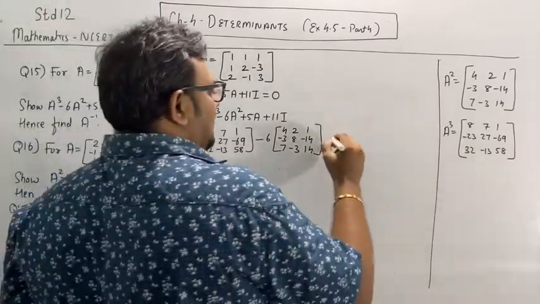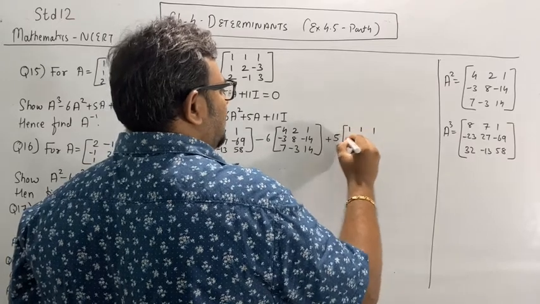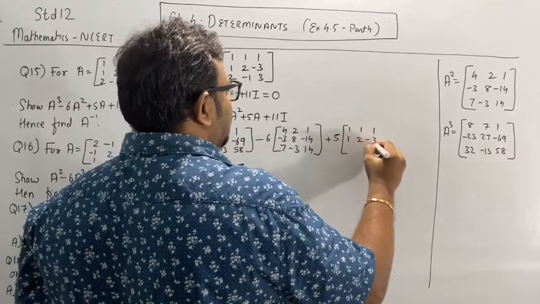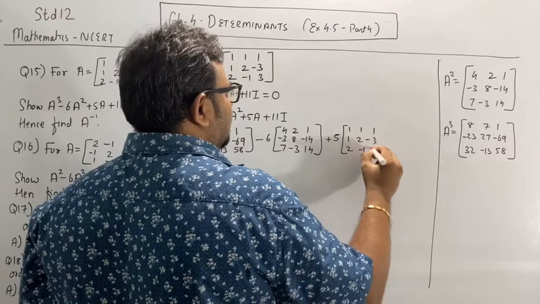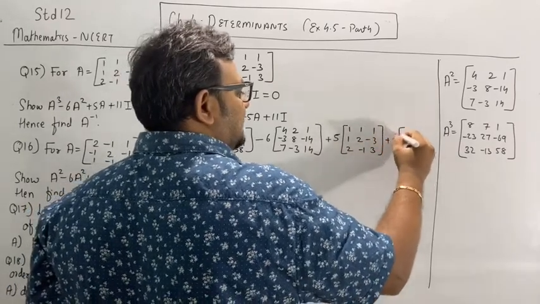Okay, plus 5 into A: 1, 1, 1, 1, 2, minus 3, 2, minus 1, 3, plus 11 into I.